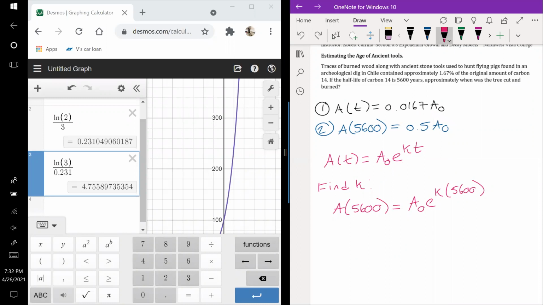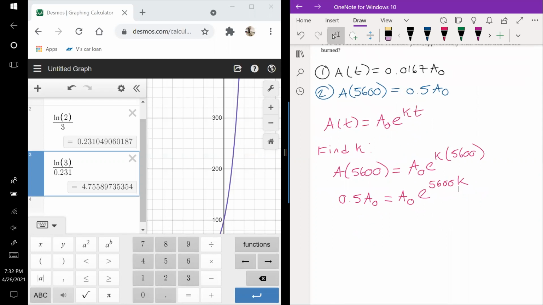So this becomes 0.5 A initial equal to A initial times e to the 5,600k. And again, you'll divide by A initial, they'll cancel out, and we will be left with 0.5 equals e to the 5,600k. And then we will convert from exponential to logarithm. And again, the natural log.